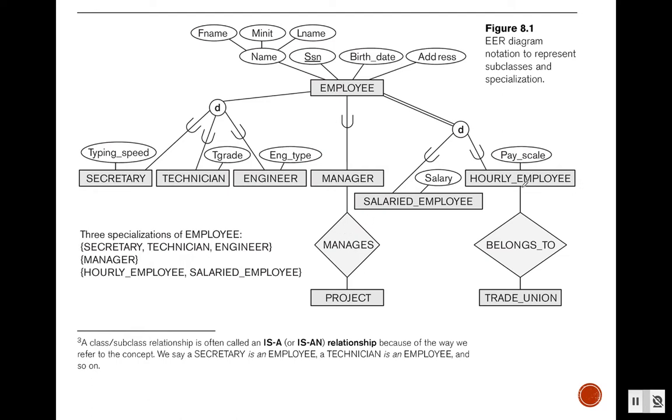But here hourly employee has a specific attribute, pay scale, and also has a specific relationship, belongs to. That means only the hourly employees can participate in this relationship. The manager has a specific relationship with project. That means only the manager can participate in this relationship.